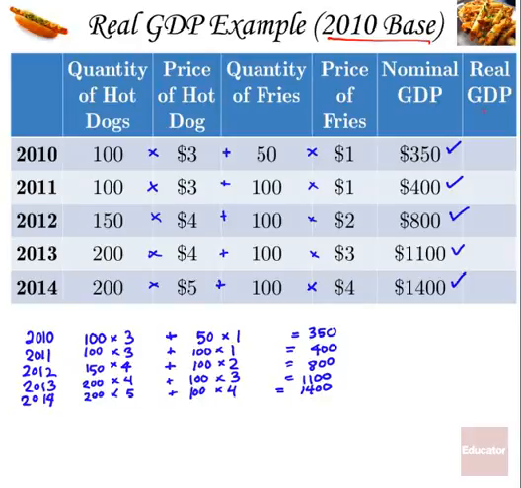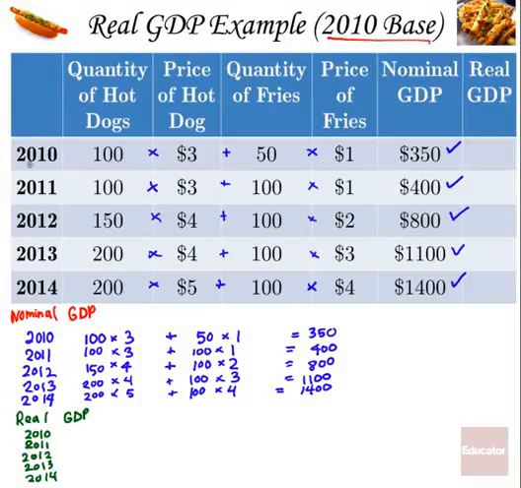So let's find the real GDP here. What we did is we found the nominal GDP. Again, nothing wrong with this data, but it's very limited in what it can show. Real GDP: you want to find the true price increase here. So let's go over the same years. One good reminder: the real GDP is going to be the same as the nominal GDP in the base year.